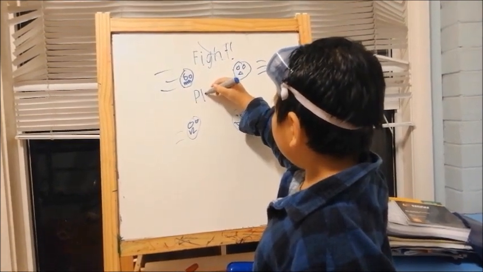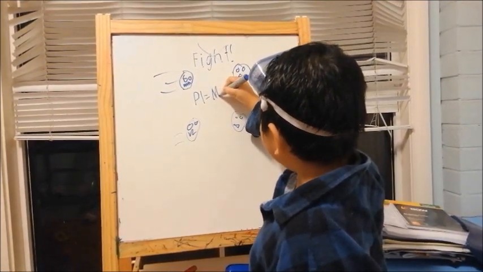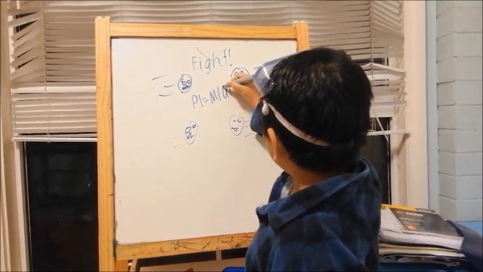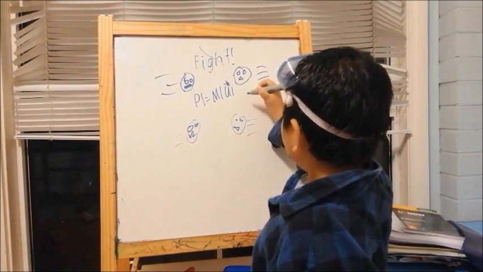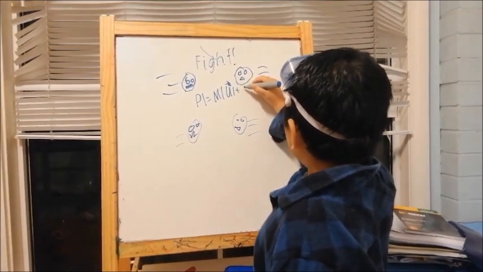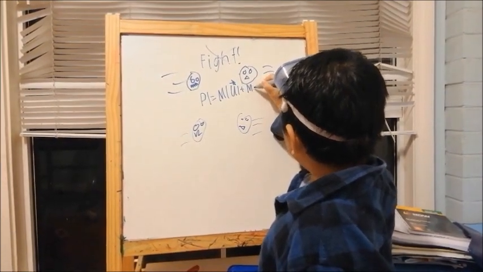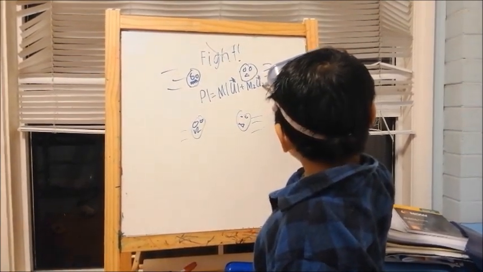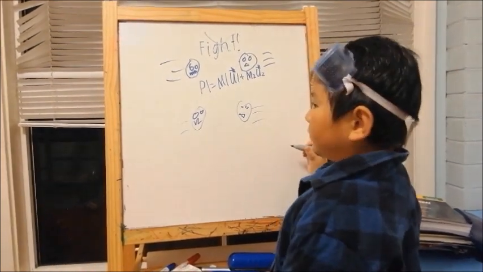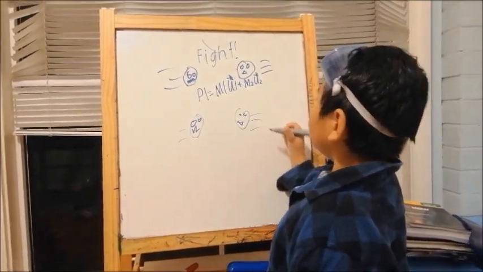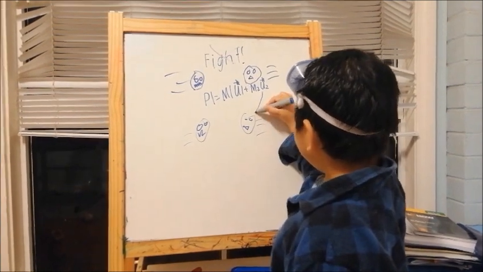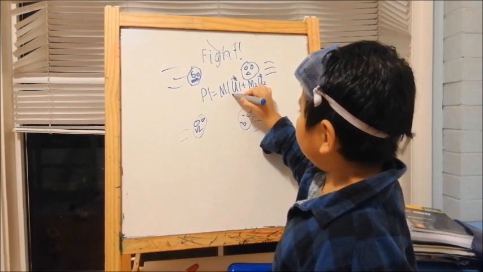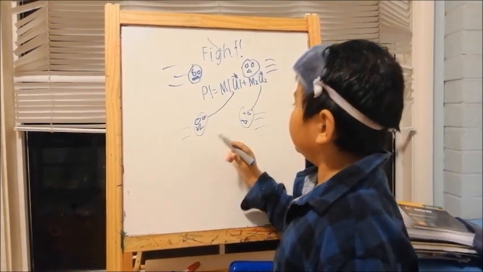P1 equals M1 U1 plus M2 U2. So here the M2 U2 is for ball 2, and obviously M1 U1 should go to ball 1.